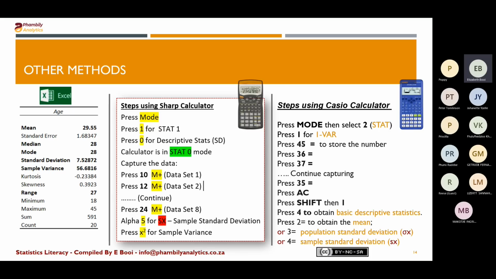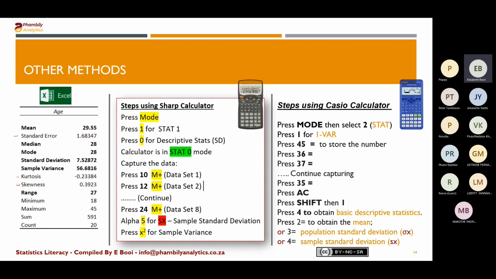And when you choose descriptive statistics, it will give you a summary of the data in this format, and you are able to see all those values that we covered today. It gives you the mean, the median, the mode, the standard deviation, the sample variance, and the range. At this moment, you do not need to worry about the standard error, the kurtosis, the skewness. You can also look at the maximum and minimum and the sum of the values and the count if the questions in the exams are asking you to look at that.